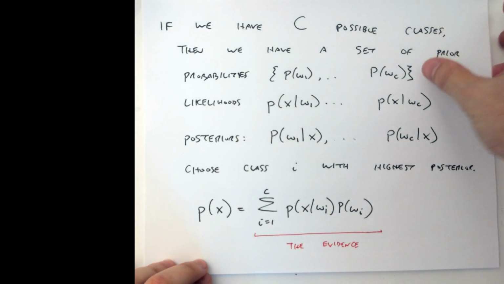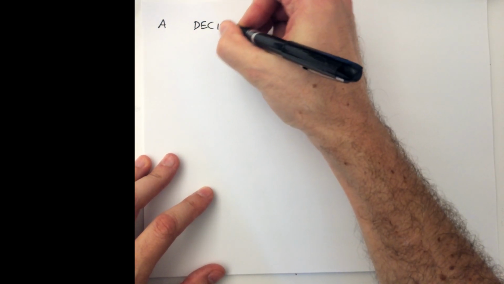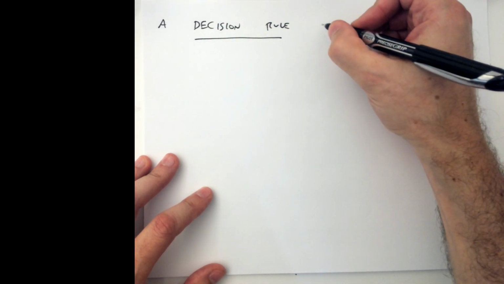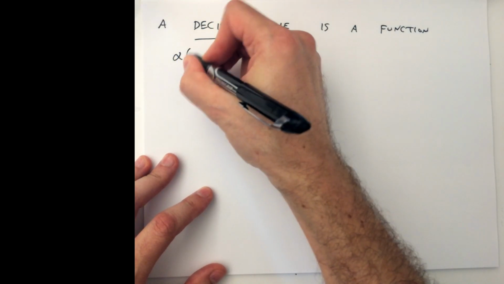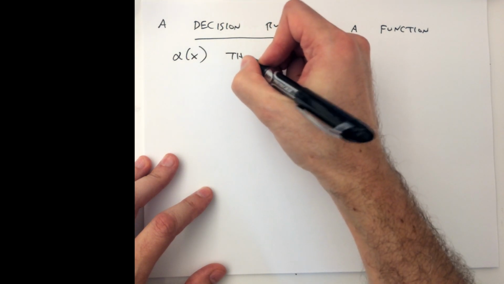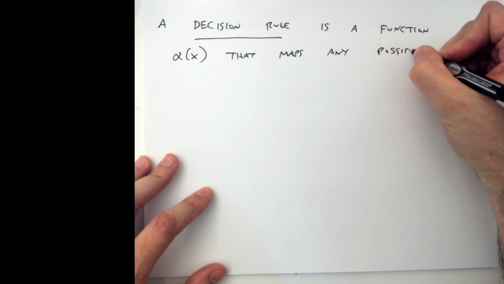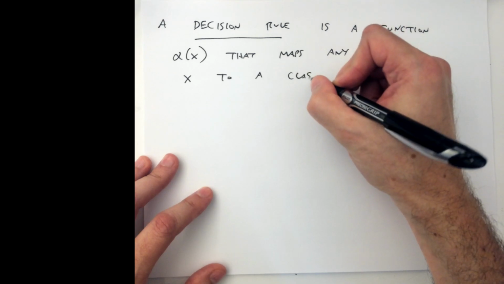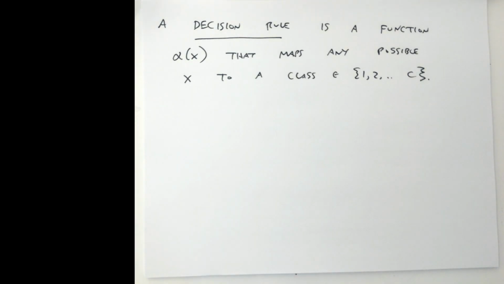So coming back to this idea, a decision rule is a function, called alpha of x, that maps any possible x to a class in the set of C possible classes.